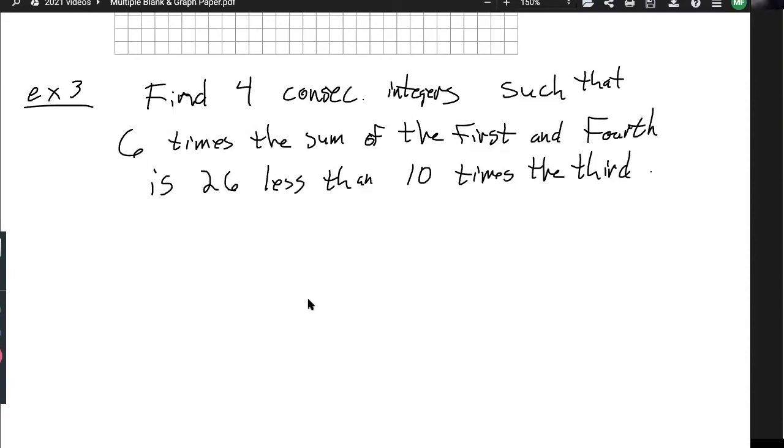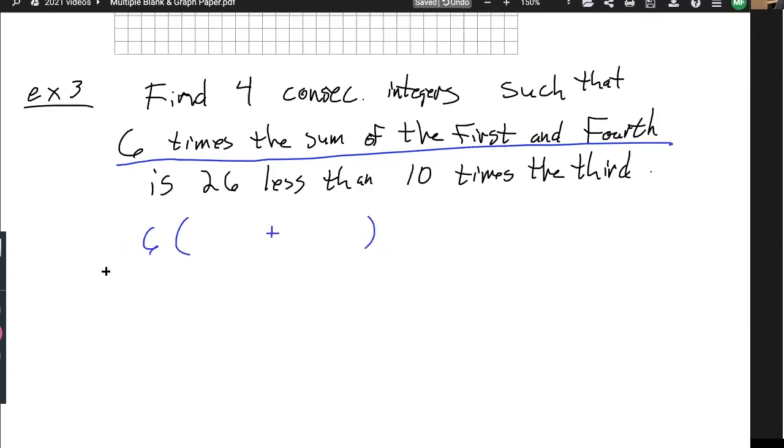So the most challenging part of this is just going to be finding your equation. But as long as you don't get overwhelmed by the craziness of it, if you just take it phrase by phrase, we're good, okay? So how do you say 6 times the sum of the first and fourth? Well, let's go 6 times the sum, so 6, parentheses, and then elephant butt.